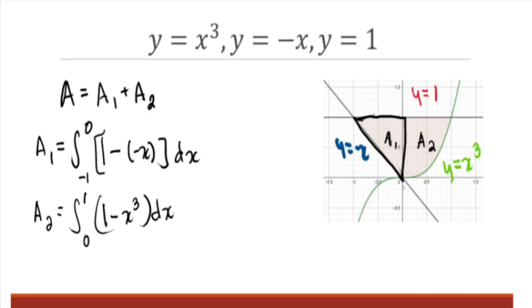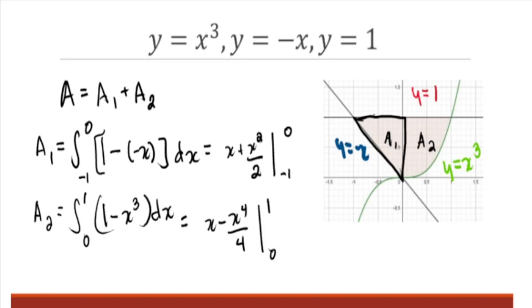But note that we limited it from 0 to 1. Okay, so solving this one will give us 1 plus x, so that is x plus x squared over 2. We evaluate this from negative 1 to 0. This one is x minus x to the 4th over 4. Evaluate this from 0 to 1.